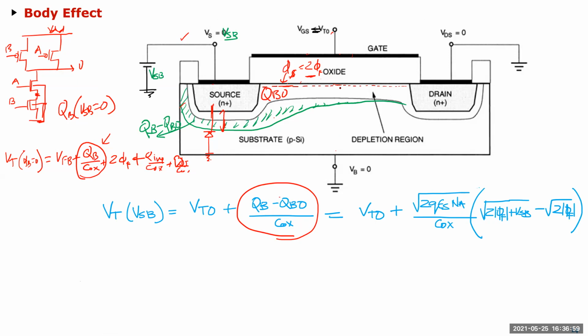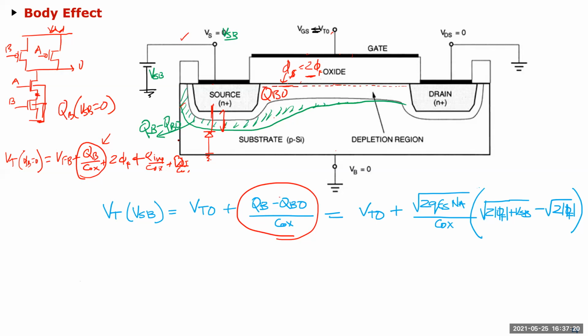Or in other words, what you're saying is to make it look like this extra charge came because of your application of, yeah, maybe that's a good way to explain it. So this charge which you got, make it look as if you got it because you applied a gate voltage.